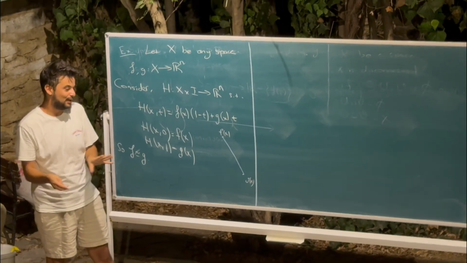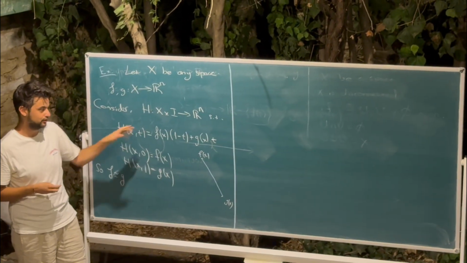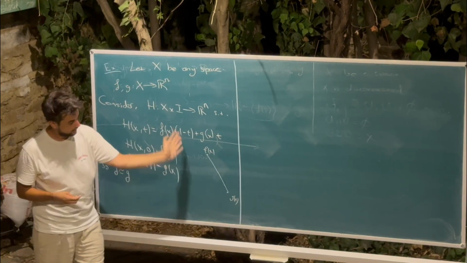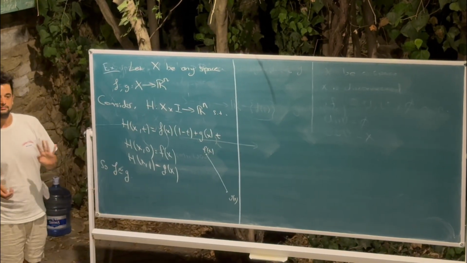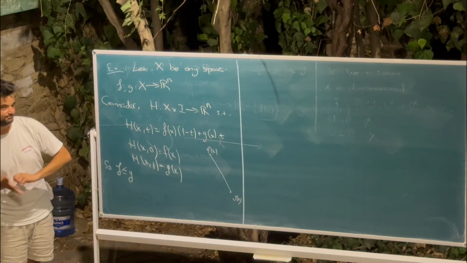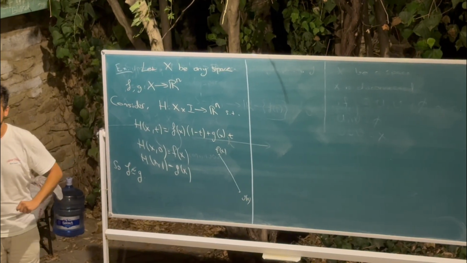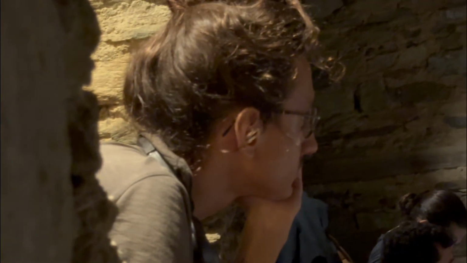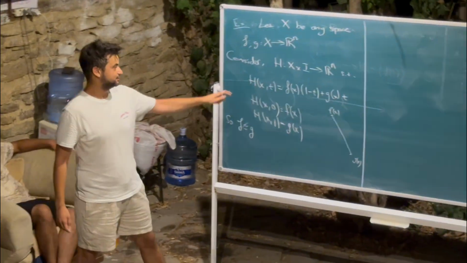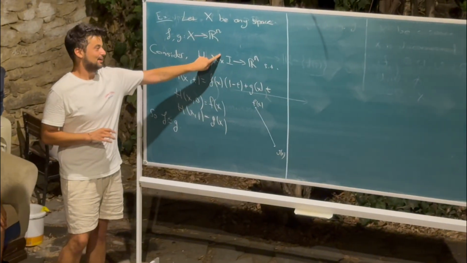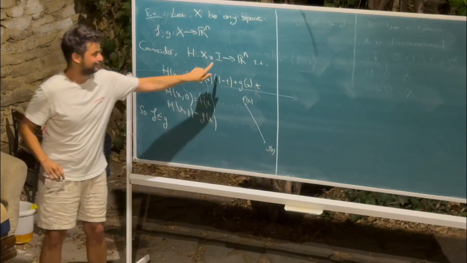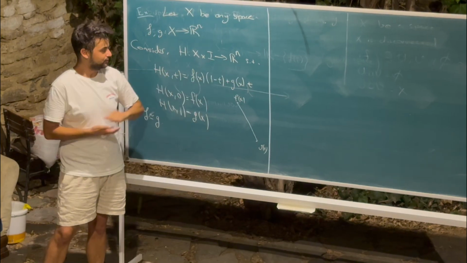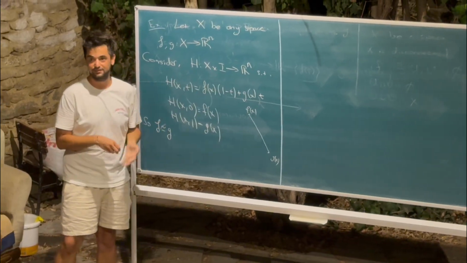I'm black boxing the fact that it's continuous, but it's not very hard to see, and we have the homotopy. Questions? With Euclidean topology, right? Yes, this is continuous with respect to the Euclidean topology.